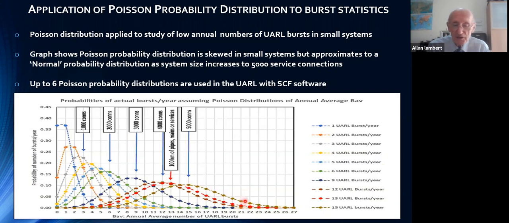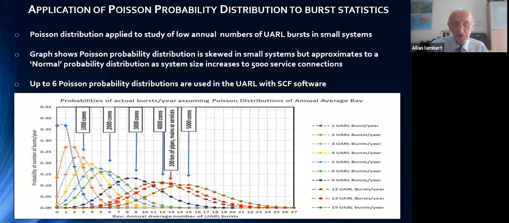But as system size decreases and the distribution becomes skewed, the chances of getting less than the average number of bursts exceeds the chance of getting more than the average number of bursts. So for example, if you have a DMA with 1,000 service connections, you've actually got an average of 3 bursts per year, but you've got a 42% chance of getting less than 3 bursts and only a 36% chance of getting more than 3.